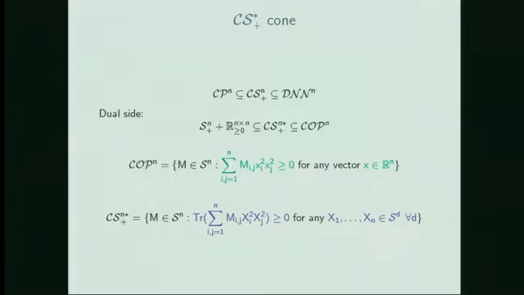So the dual of the cone we are looking at asks for symmetric matrices for which the sum of m_ij X_i squared X_j squared has non-negative trace for every symmetric matrices of dimension d, for any finite d. So this is the dual.